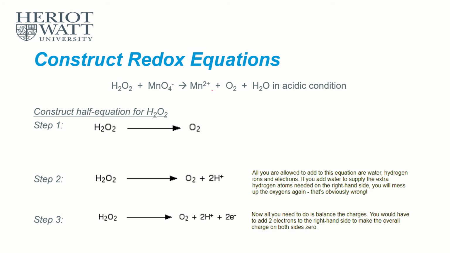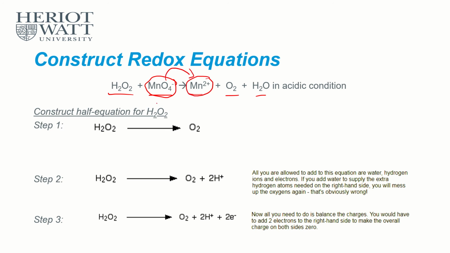I have this reaction. This equation is not necessarily in a balanced form, it doesn't matter. We know that H2O2 and manganate are reacting, undergoing oxidation reactions, and producing manganese and oxygen, as well as water. First, you need to split them into two separate equations. Number one, manganate is going to change into manganese.